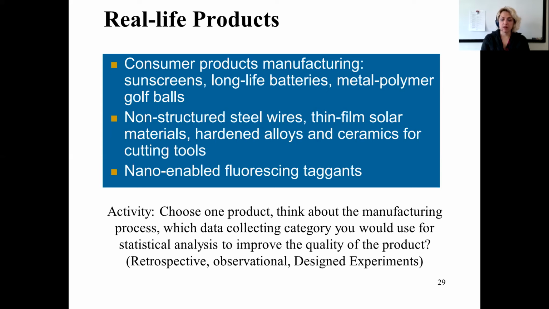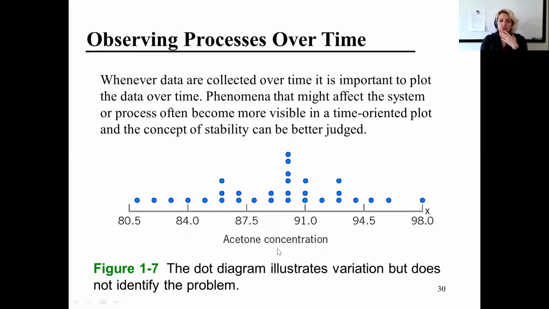For example, if you're working with consumer product manufacturing of sunscreen, what type of data gathering would you suggest? Or long-life batteries. It's a very good exercise. Try to do that, and then you can check your answers with me in the Q&A, and we can talk about it. But that's just an activity you would do at home.